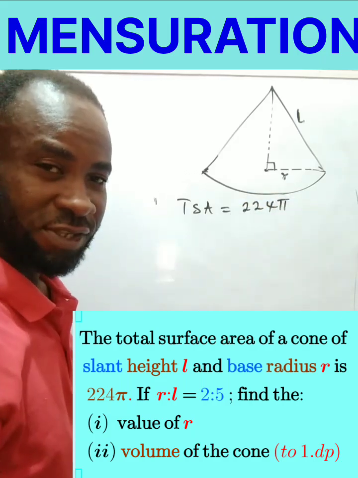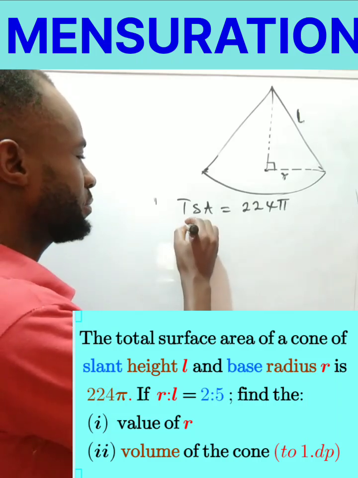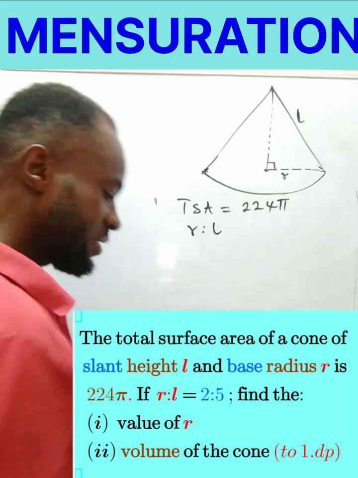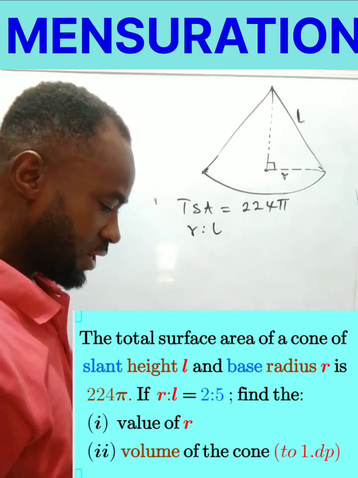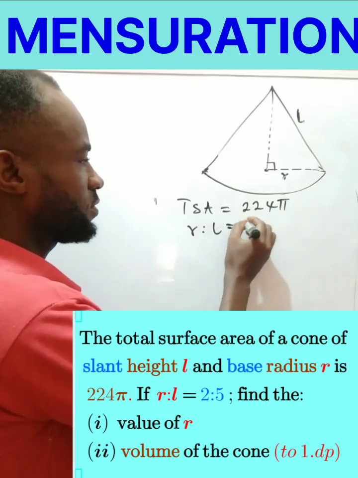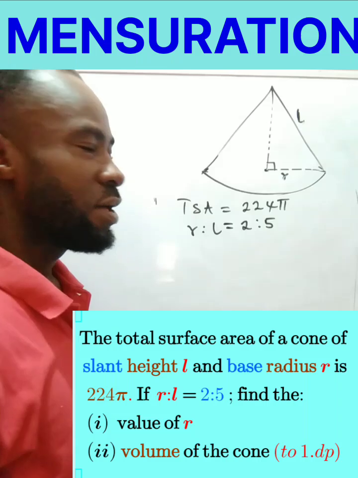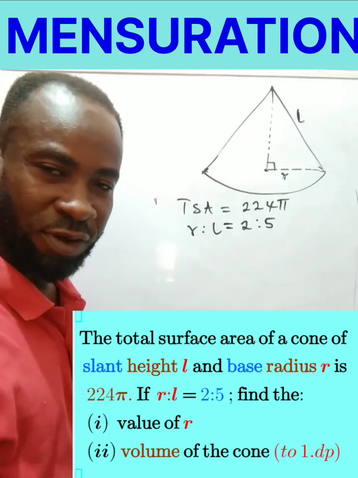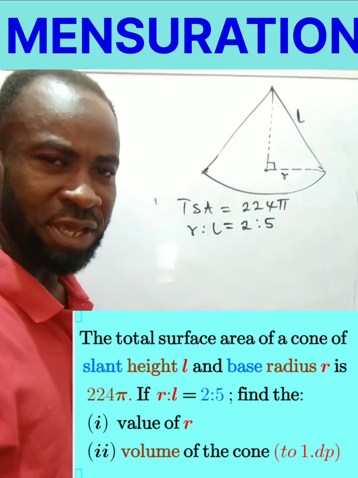This is given to us, and we are also told that the ratio of the radius to the slant height is 2:5. Now, the first question is saying we should find the value of the base radius, the value of R. That's the first question. So let's start from there.